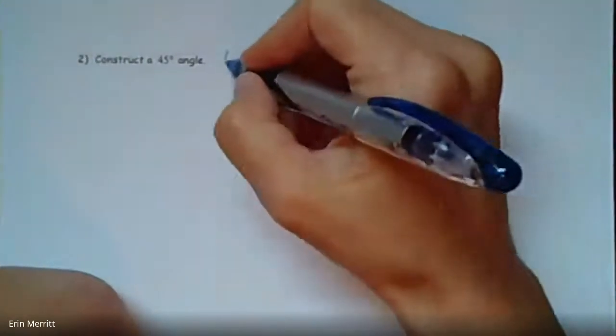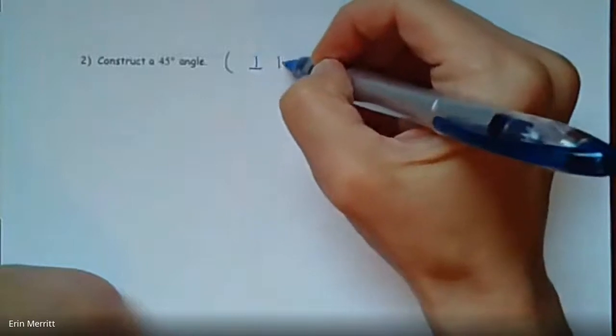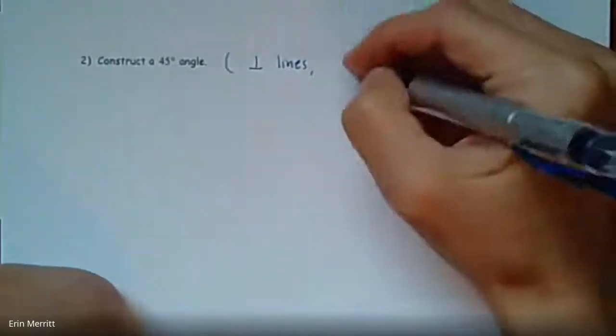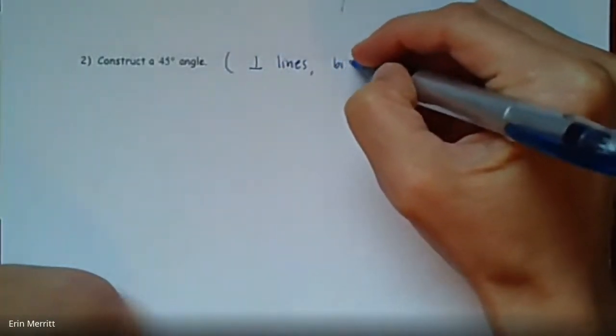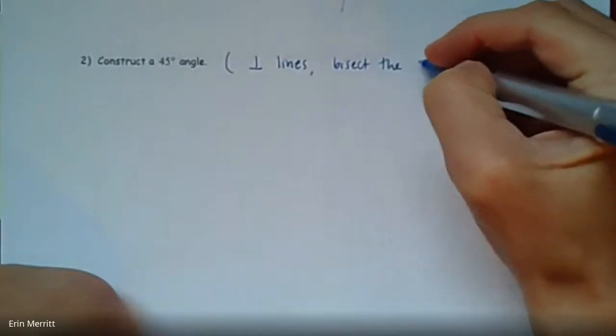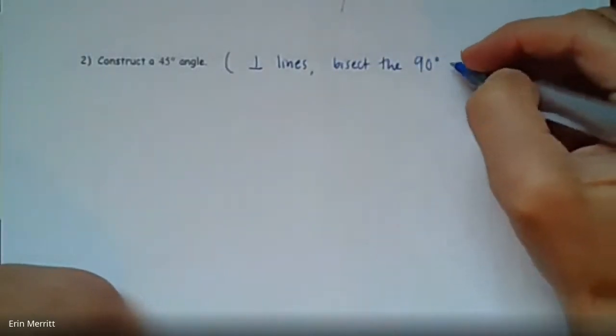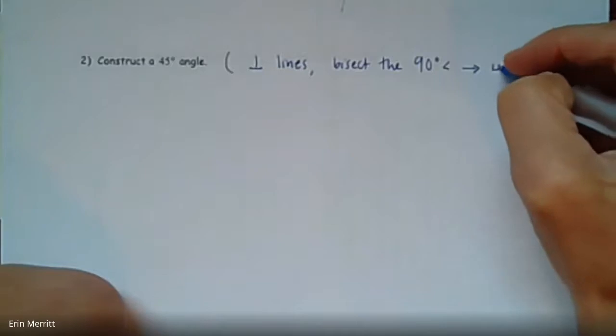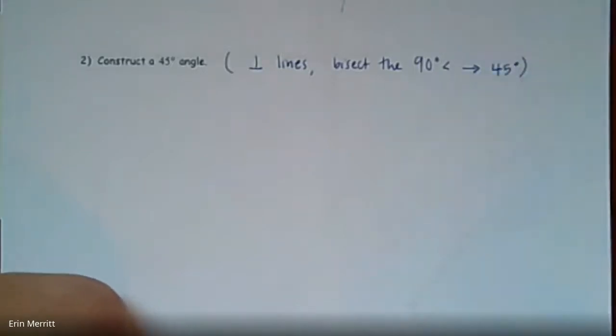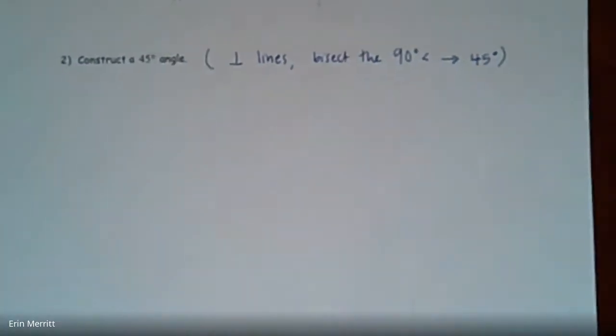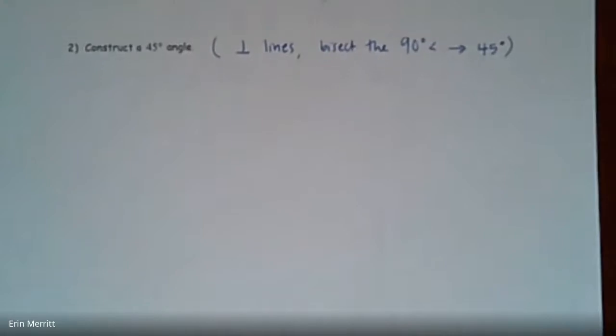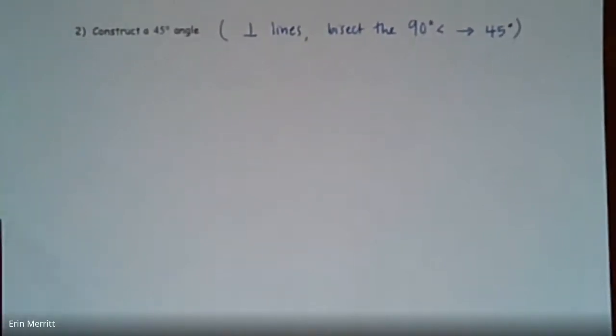So we're going to construct perpendicular lines and then bisect the 90-degree angle to get 45. So that's my very shorthand note of how we're going to do this. I'm going to slide up just a little to give myself some space.